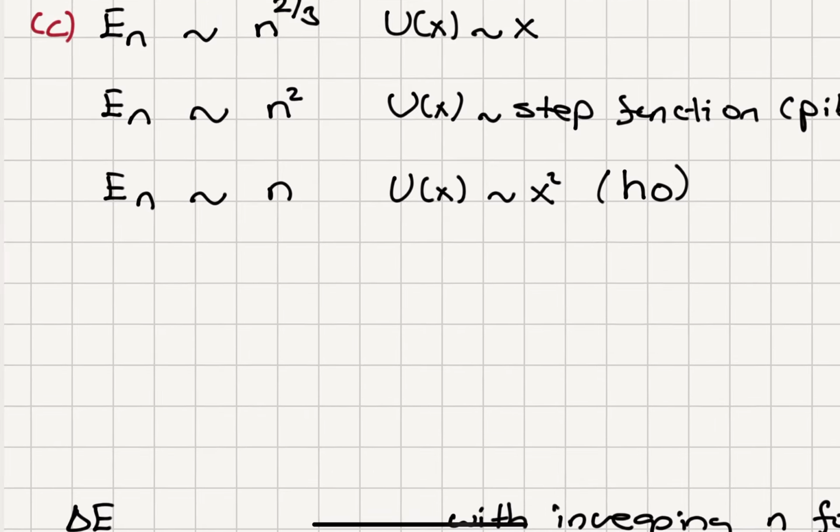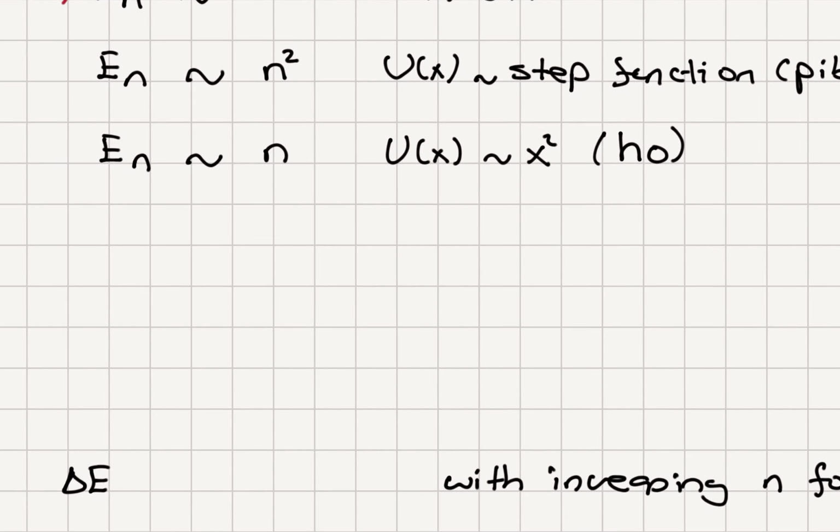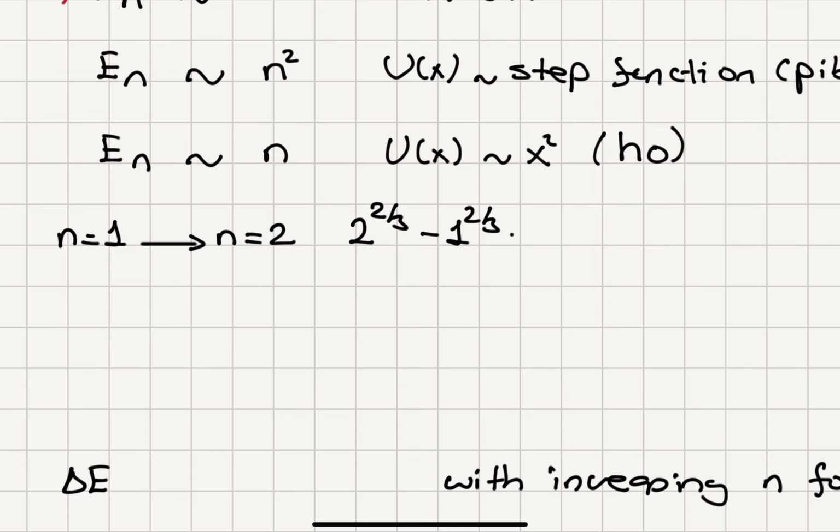Okay, so if I change the value of n equals 1 to n equals 2, in the first case, I will obtain 2 to the power 2/3 minus 1 to the power 2/3, which is 1.587. In the second case, it will be 2 to 2 minus 1 to 2, which is 3.